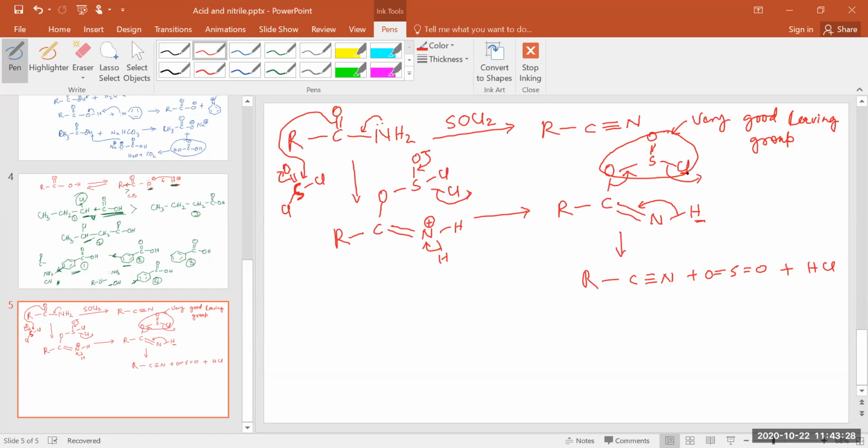Okay. So this is a two-step mechanism, not very long, but try to understand this one. When the oxygen sulfur bond forms, that makes a very good leaving group. Okay. Any question?